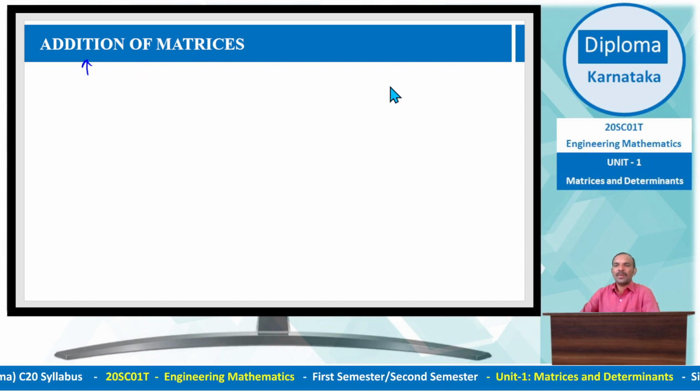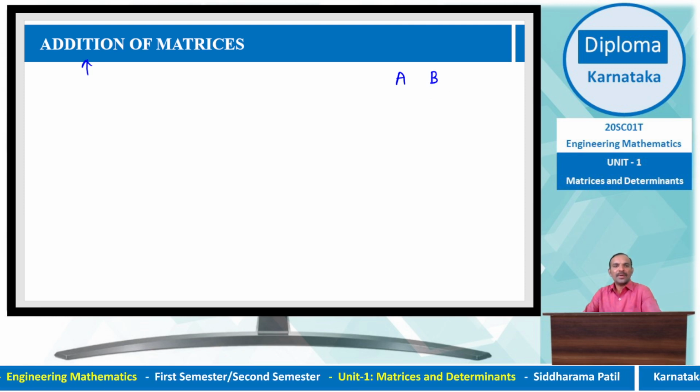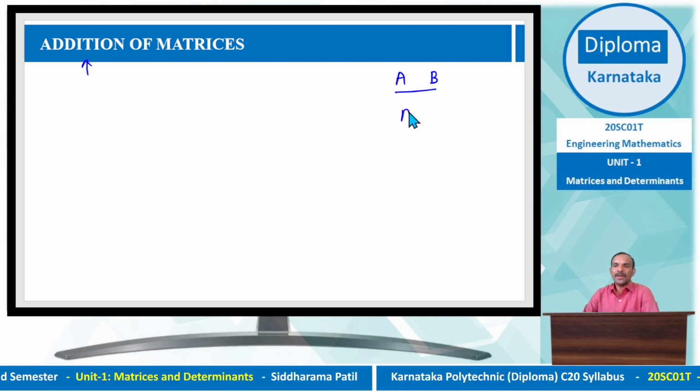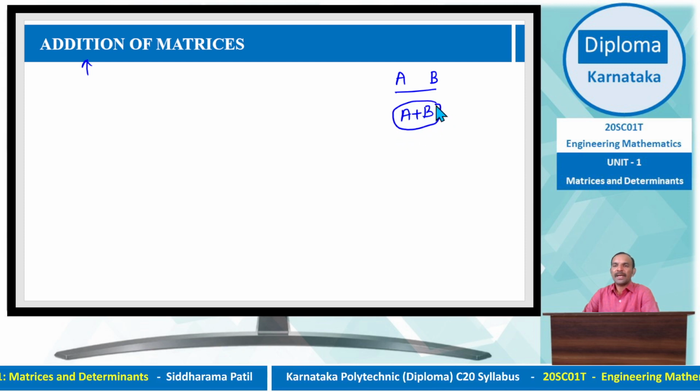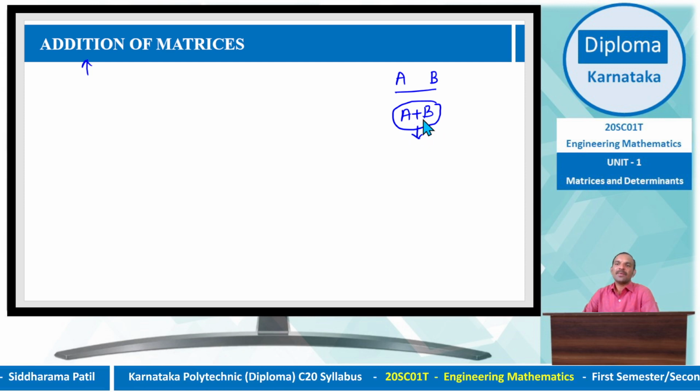You require a minimum of two matrices, A and B. The first condition to add the two matrices is that their order must be the same. Then A plus B, this is the representation of addition of matrices. It is also a matrix obtained by adding corresponding elements of A and B.